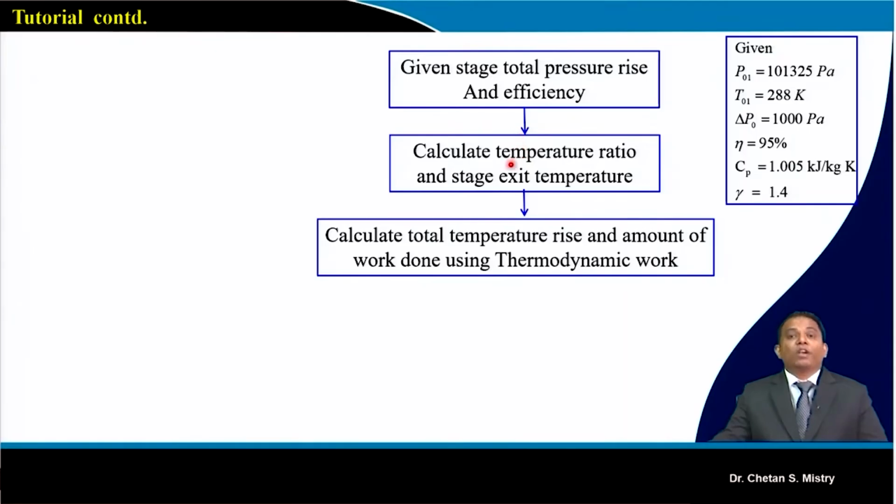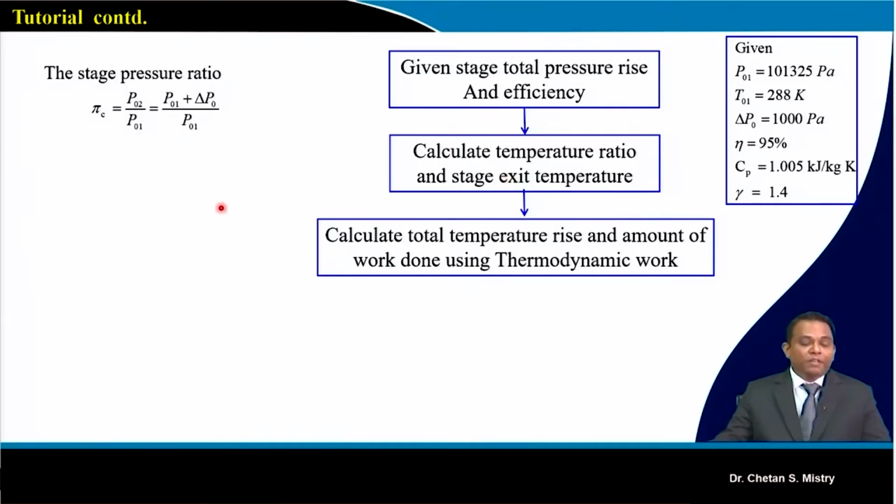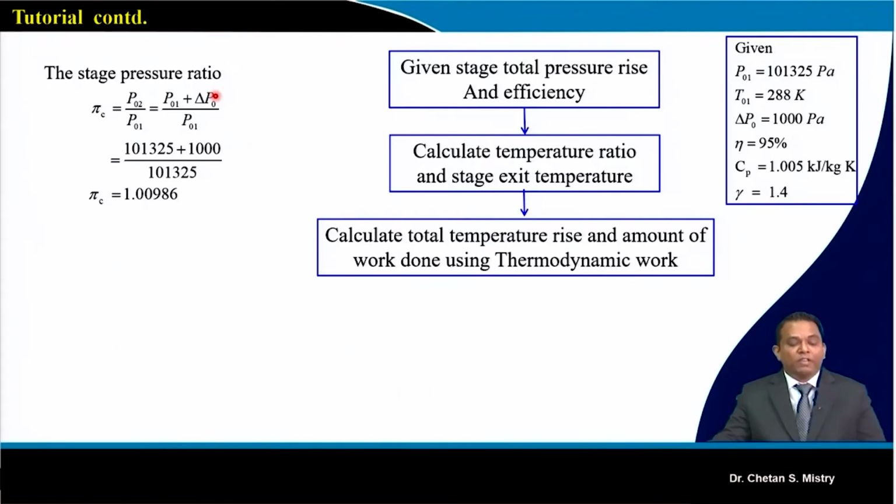Once we calculate our temperature ratio, we can calculate our thermodynamic work. So let's move step by step. Very first point is my stage pressure rise. P02 by P01, the pressure rise we are expecting is 1000 Pascal. That gives me a pressure ratio of 1.00986.